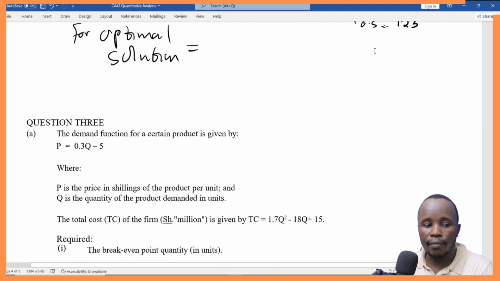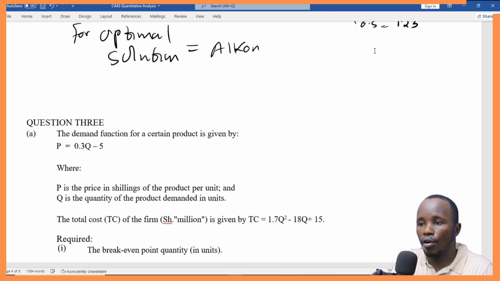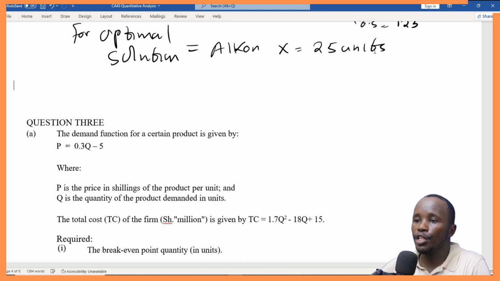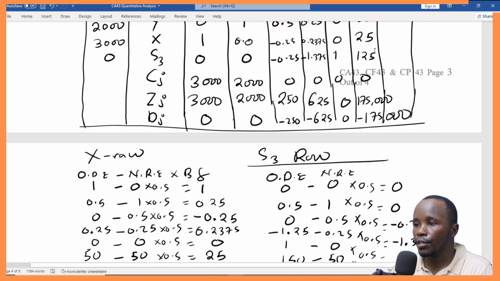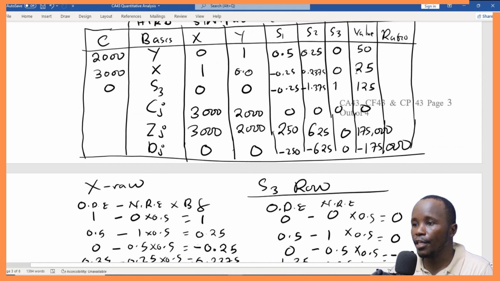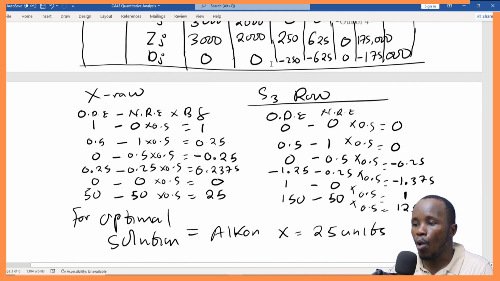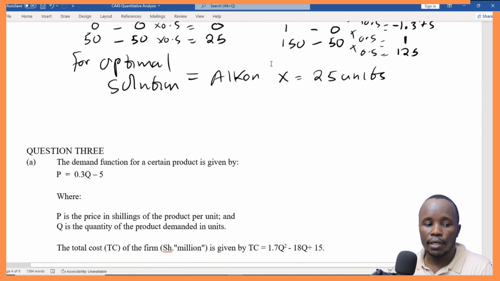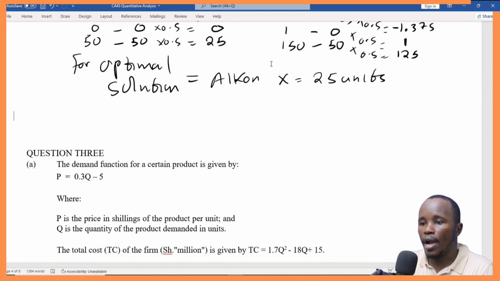So we can say that Alcon, this one is x, which is 25 units. Y is Xenon, and this one gives you 50 units.